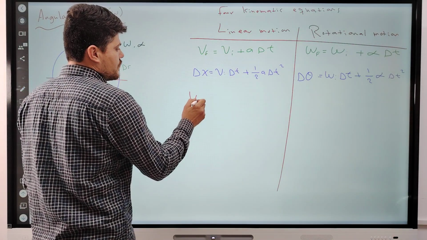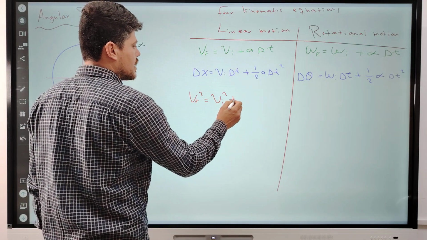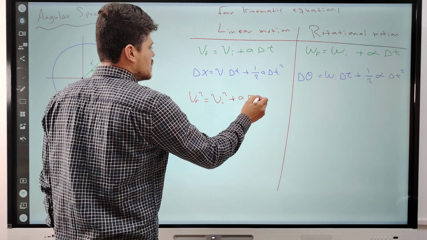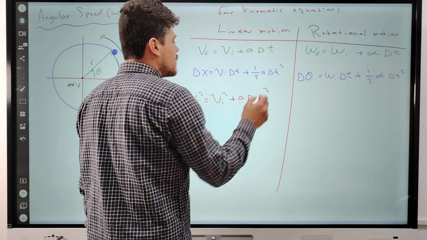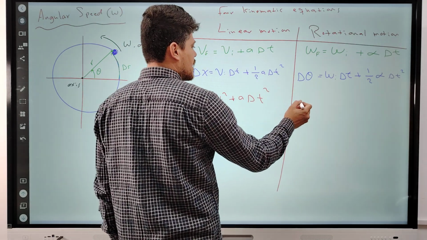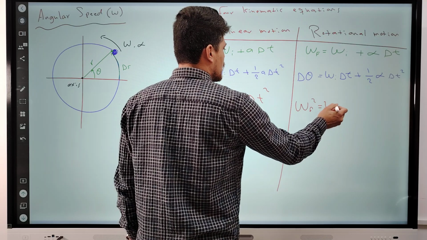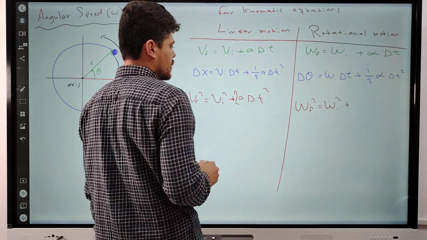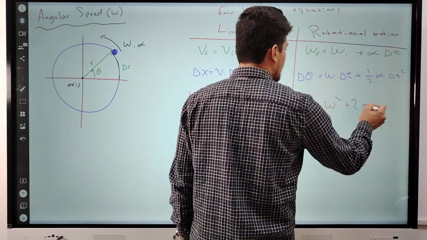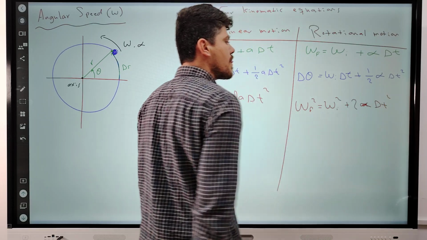V final square is equal to V initial square plus 2 A delta x. But in rotational motion, instead of V final and V initial, you have to write down omega final square equals omega initial square plus, sorry, there is a 2 here, 2 alpha, angular acceleration, times delta theta.